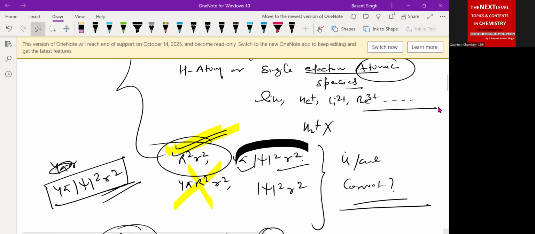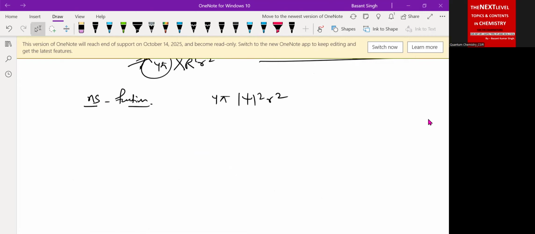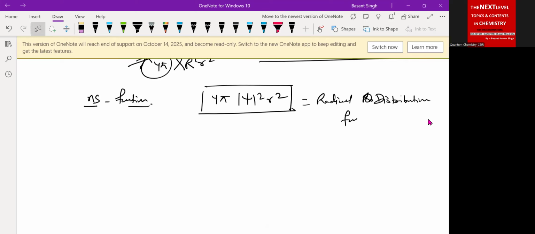Then again we have to take ns function, and I have to check that 4 pi mod psi square r square, this is a radial distribution function or not.